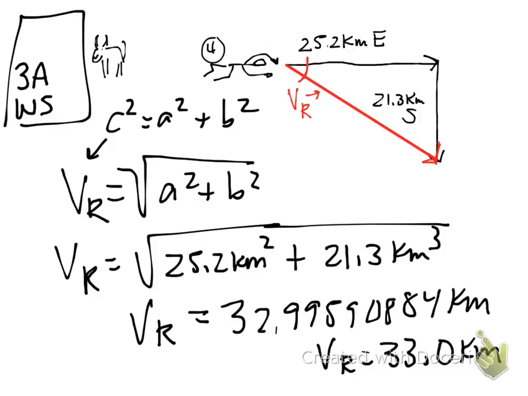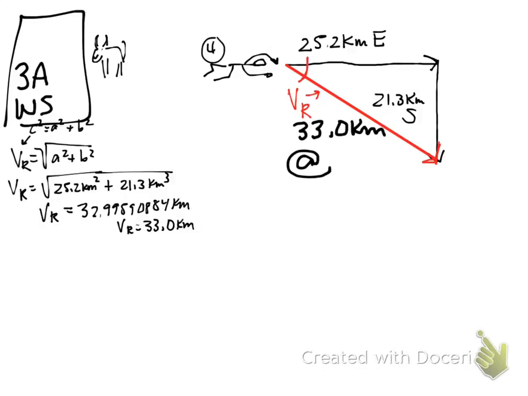Now we just need to get a heading. We need to know at what heading. So how do we find our heading? Inverse tangent function. So we know that theta will equal the inverse tangent of our opposite over our adjacent, TOA.